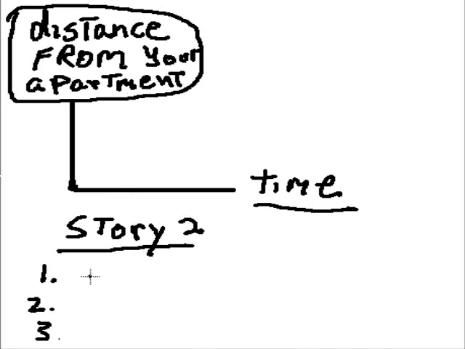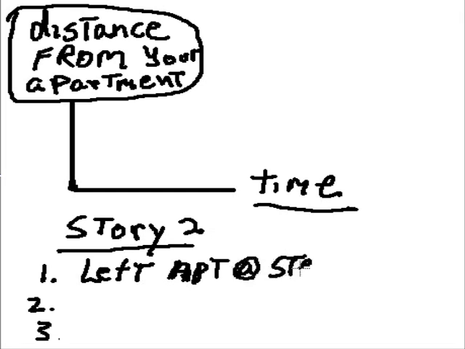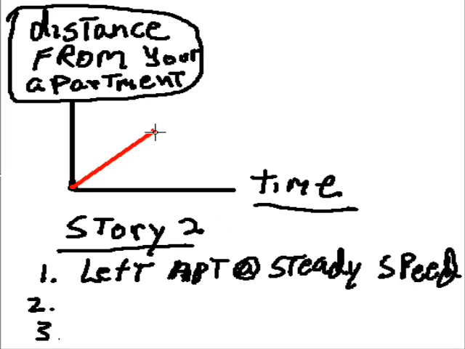Story number 2. You left home. You left your apartment. It's a pretty bad day. You left your apartment at a steady speed. All right, and this would represent a steady speed.